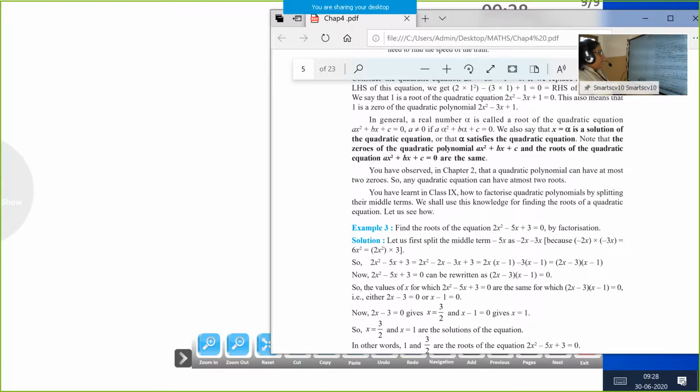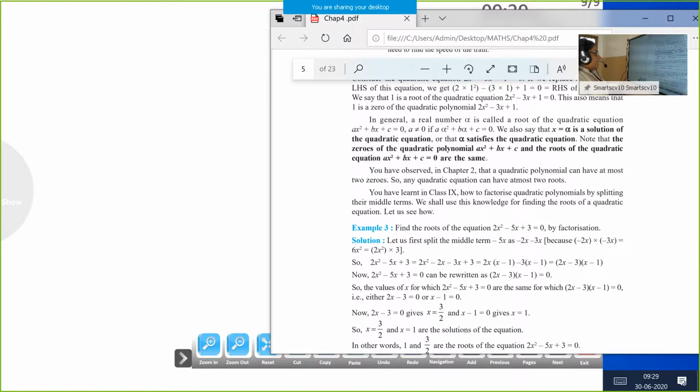It is second degree, so we split the middle term and find the value of x. We already studied that in standard 9, the factorization of a quadratic polynomial by splitting the middle term. Using the same property, we can solve this quadratic equation.